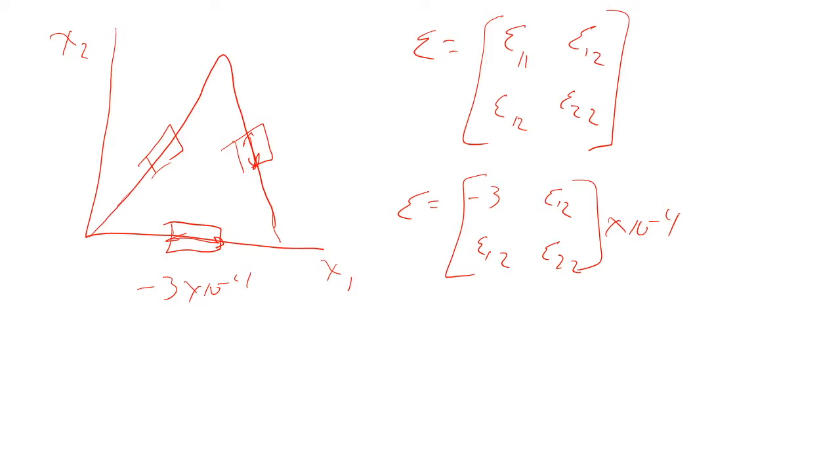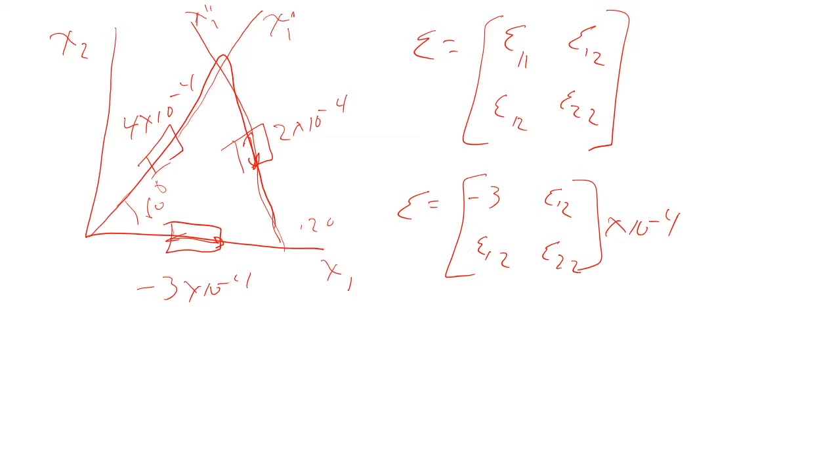So we can create, let's make another axis here, x1 prime, and we'll make another axis here, x1 double prime. This strain here is 4 times 10 to the minus 4, and this one is 2 times 10 to the minus 4. All right. So what we have to do is, we know this is 60 degrees.